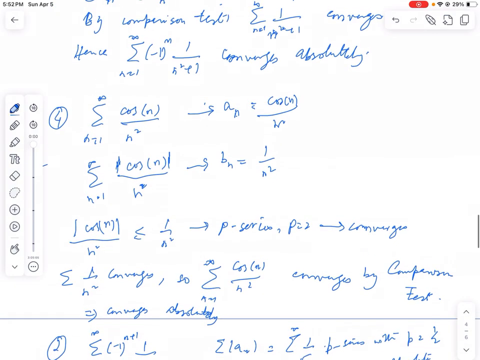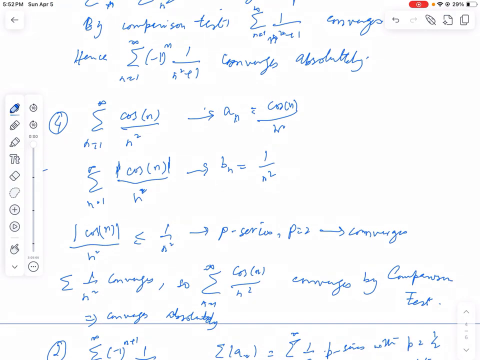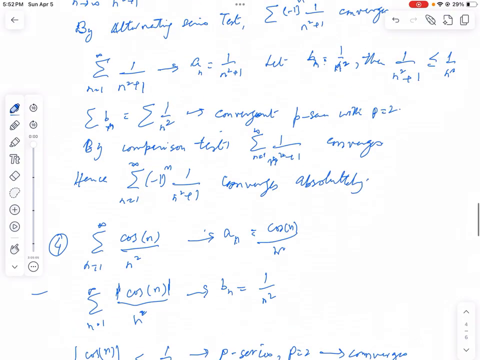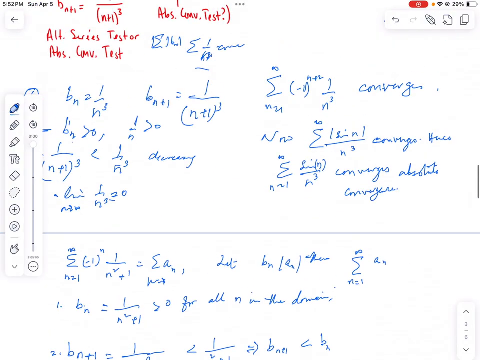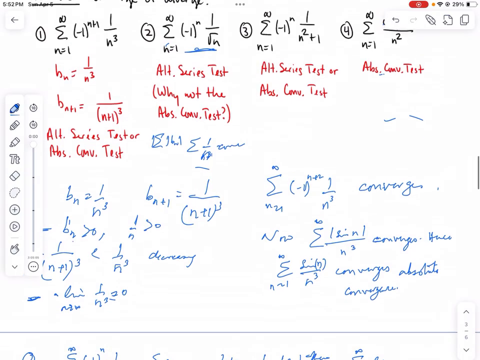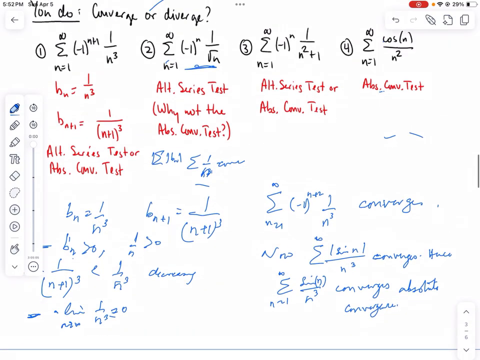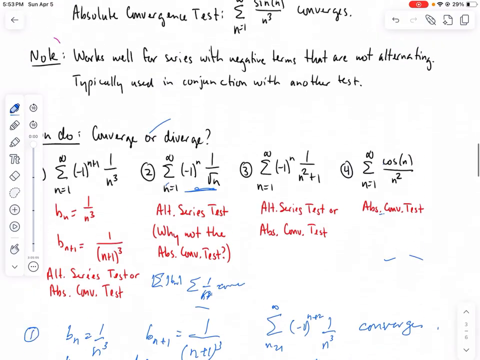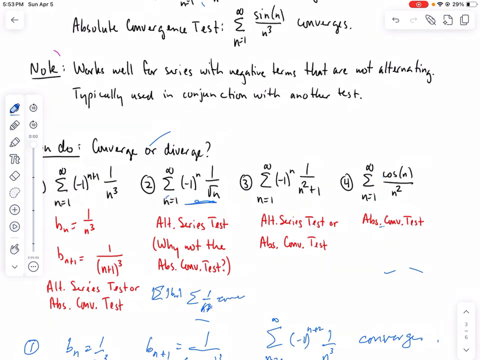This is how we check conditional convergence or absolute convergence. The third example is -1 raised to n times 1 over n squared plus 1. You can easily see it can be compared with 1 over n squared, and then you should be able to see that this is absolutely convergent.